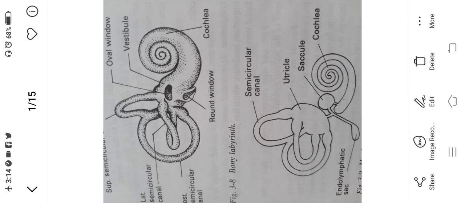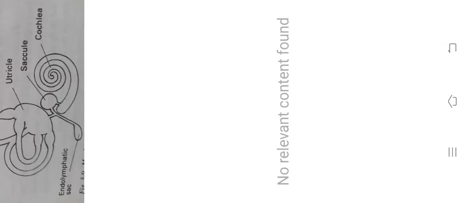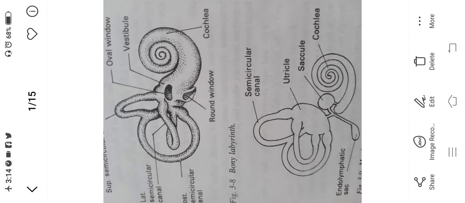And the membranous labyrinth is made up of parts like semicircular canals, then a utricle, and the cochlea or cochlear duct.